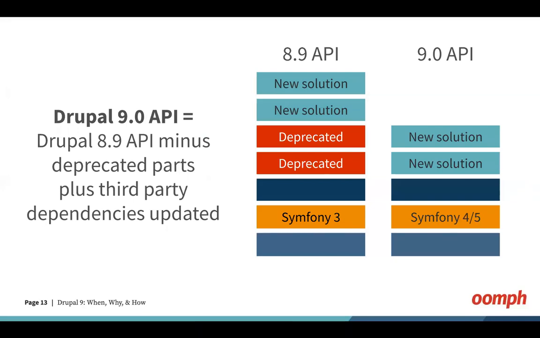You can see in this graphic, Drupal 8.9 here, they're deprecating some code and then adding new solutions to still provide the same services that deprecated code provided. And at the bottom of that diagram, there's Symfony 3 there. When we move to Drupal 9, deprecated code is removed. New solutions are there and ready to support those deprecations. And then Symfony 4 or 5 is replaced.